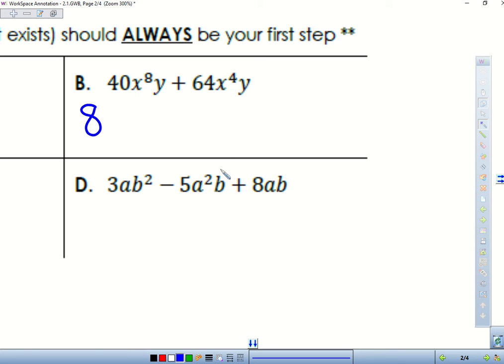Which one has the least number of x's? 64. And how many x's does it have? 4. So you can only take out as many of that variable as the lower one has. So I can take out 4 x's. And how many y's can I take out? 1. So that leaves me with what? 5x to the what? 4th.